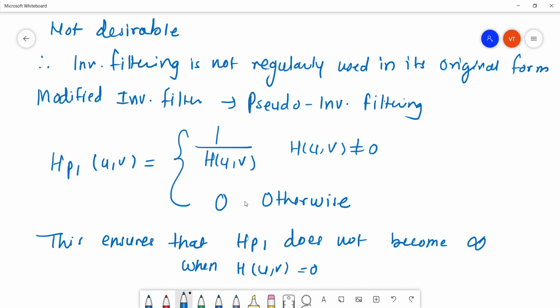Pseudo inverse filters give much better results as compared to inverse filters. In spite of this, both pseudo inverse as well as inverse filters are sensitive to noise. So now we'll see in the next session what the Wiener filter is.